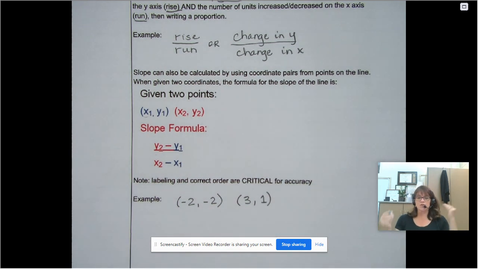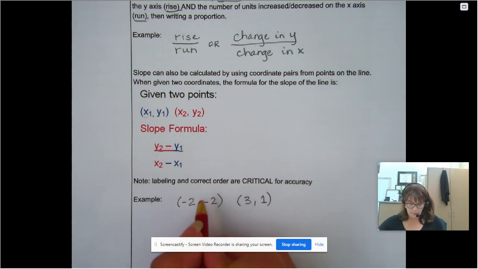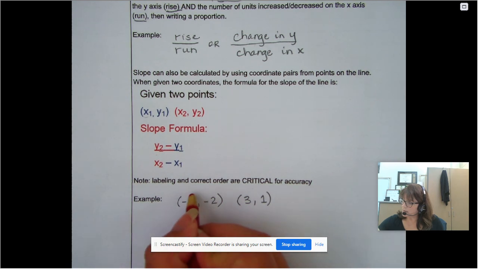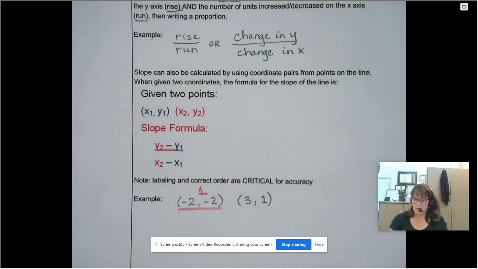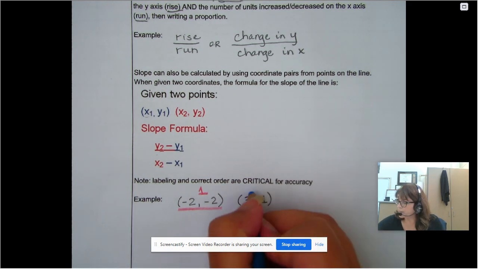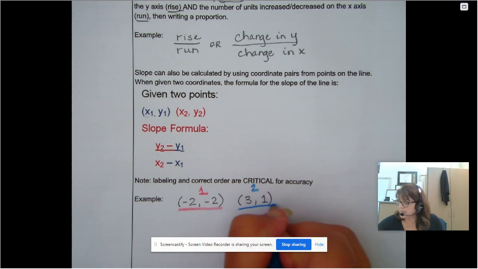So those points are just on a coordinate graph. Notice that point 1 and point 2, because I'm also going to label these a different way.